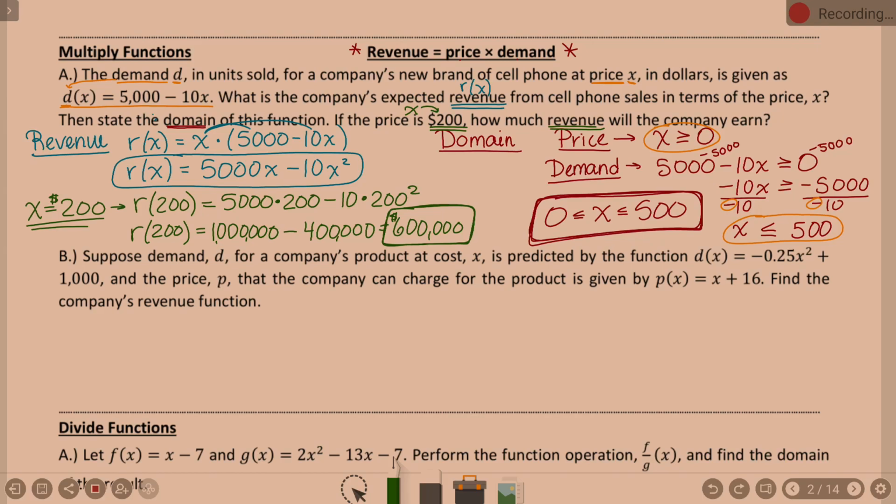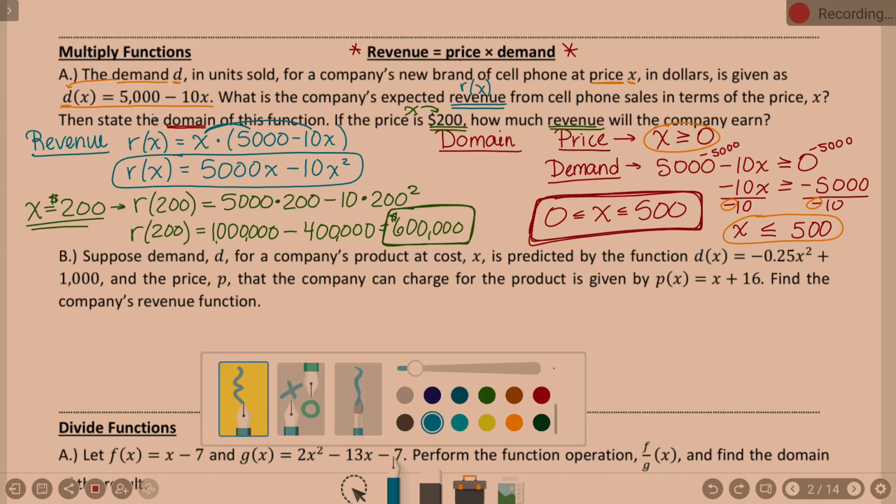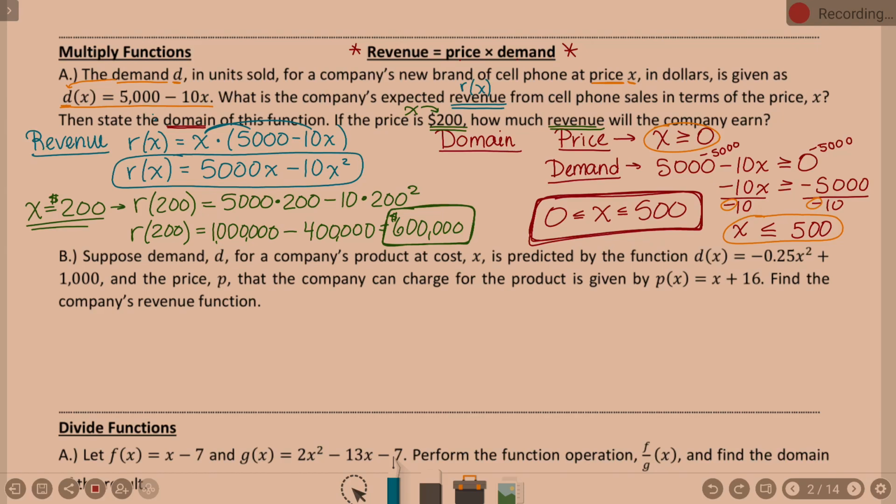Suppose demand D for a company's product at cost X is predicted by the function D of X equals. And the price P that the company can charge for the product is given by P of X equals. Find the company's revenue function. Okay, guys.